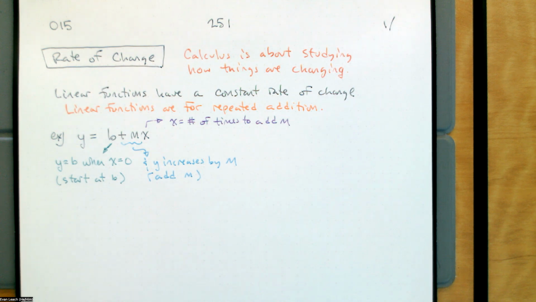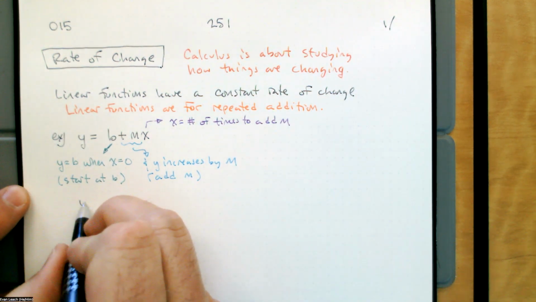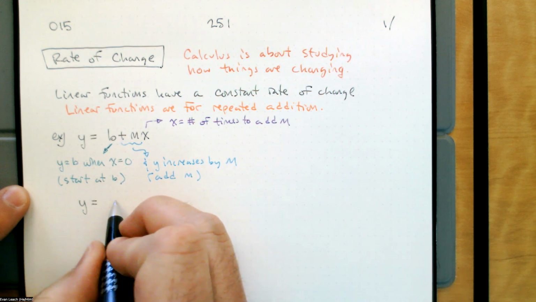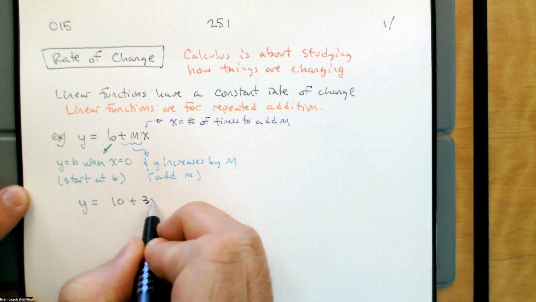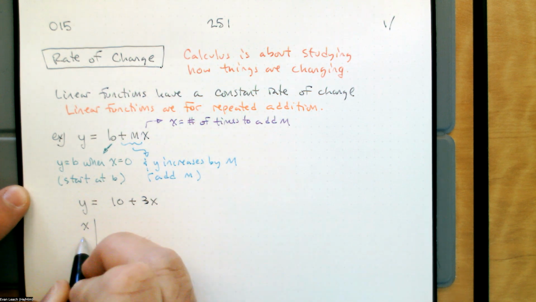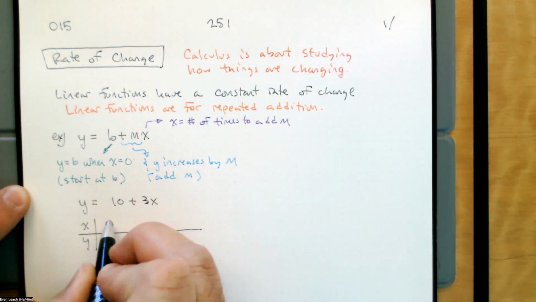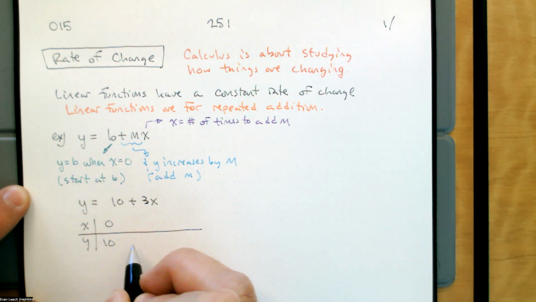This is how we read a linear function. This is a constant rate of change. It's repeated addition. Start with b and add m a bunch of times. For example, when x is 0, y is 10.